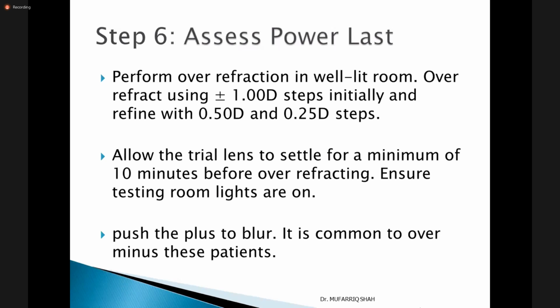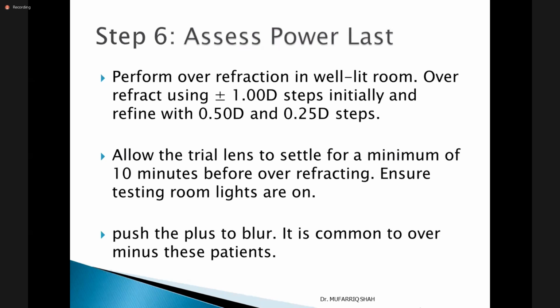Over refraction using plus minus 1 diopter strips initially, and refine this with plus minus 0.5 diopter and plus minus 0.25 diopter. So at the initial, once you fit the lens, then definitely corneal edema is there. So with plus minus 0.25 diopter sphere or plus minus 0.5 diopter sphere, at the initial, the patient will not appreciate which one is better.